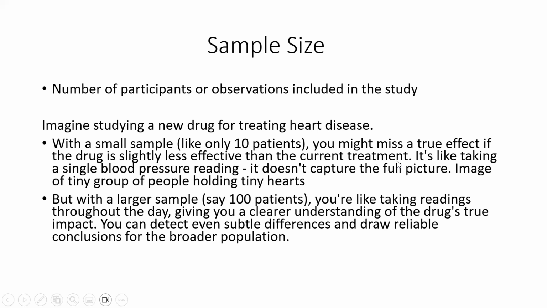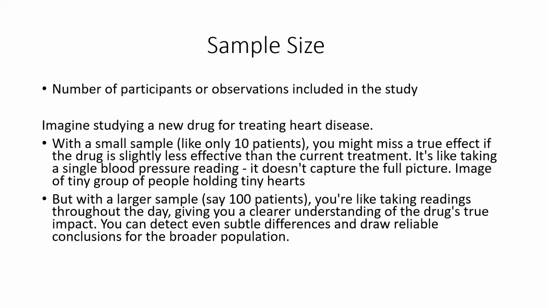For example, it is like taking a single blood pressure reading. It doesn't capture the full picture. If you are taking only a single subject for a sample size, imagine he is 60 plus years old. The age may be a confounding variable, or gender may be a confounding variable. So whenever your sample size is less, the confounding variable may have an impact on the true effect of the drug.